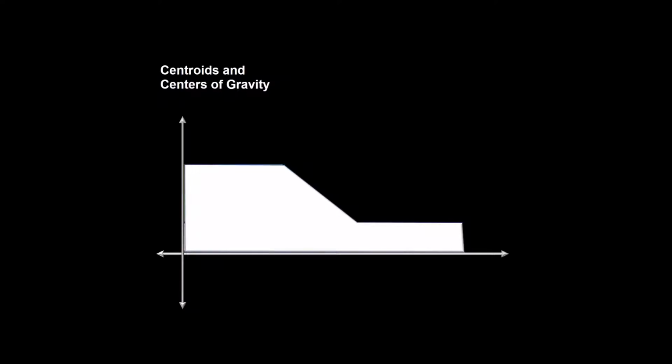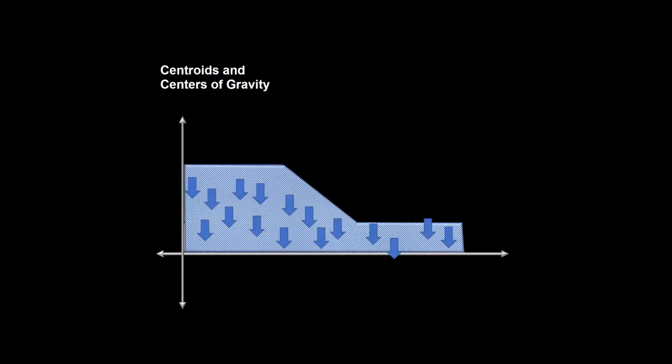Let's go through an example of just a randomly shaped object here. Okay, so this object is made up of a bunch of atoms, and each atom has a weight and is pulling down with some force, but we don't want some big complicated system.